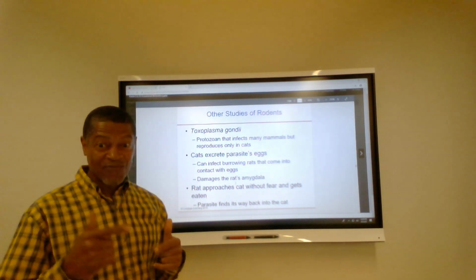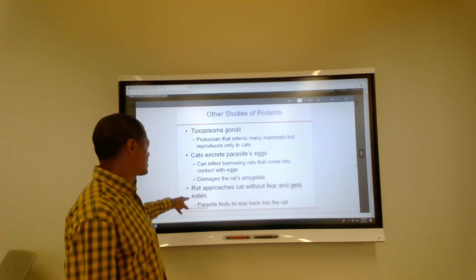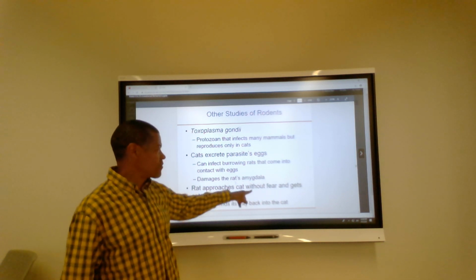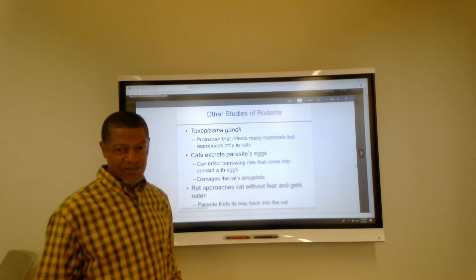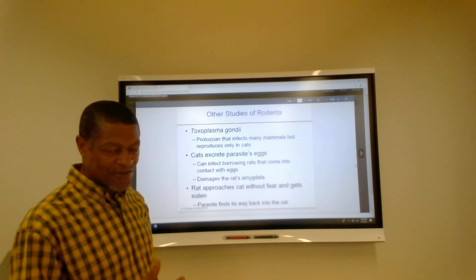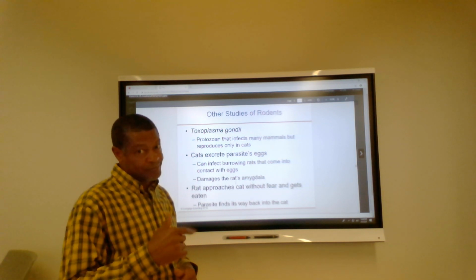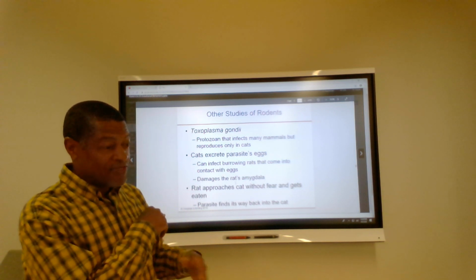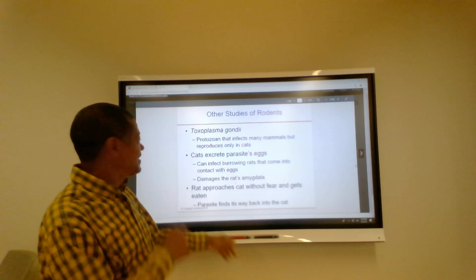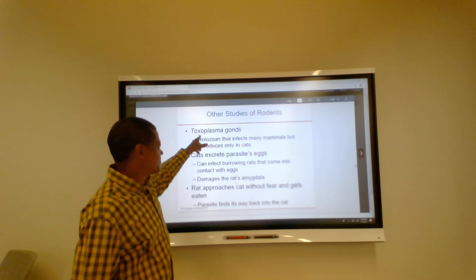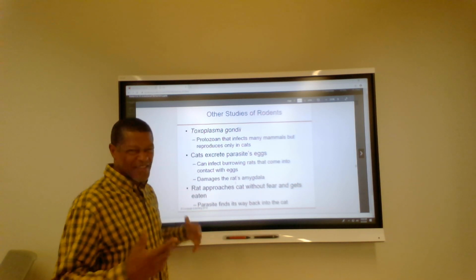So it says a rat approaches a cat without fear and gets eaten. So if this virus makes people less fearful, then it can have an impact, not people, but in this case, the rats. They're now going to be eaten by the cat. But it's the protozoan, or it's like a virus that's coming from the mammals.